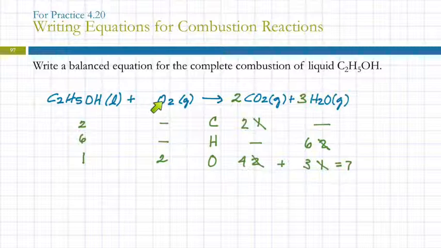I'd rather put a coefficient here. So if I'm trying to make this equal to 7, what does that x need to be? 3. I'll put a 3 up there. And it's always a good idea to double check, but that one is balanced. There's different approaches to solving a balancing problem like that one. Any questions? That was review of balancing equations.